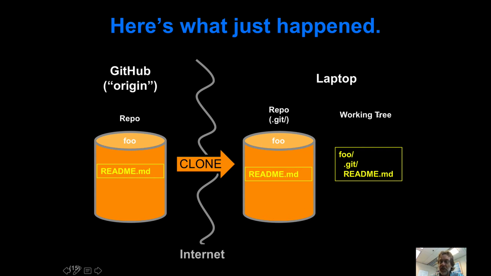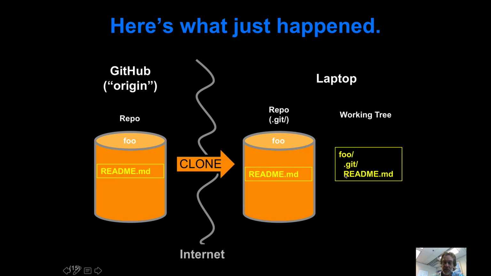And now we have this other thing called a working tree, which is a directory called foo. It's got this directory you should not edit because that's the repo. And then it's got a file, readme.md, which is actually the contents of the readme.md. And that file you can now edit.